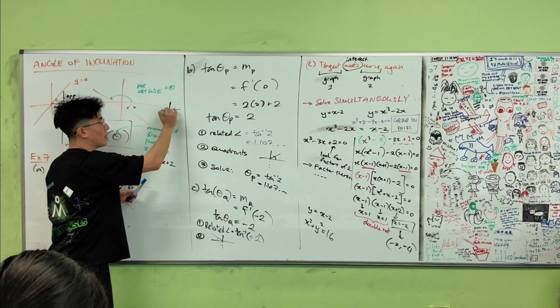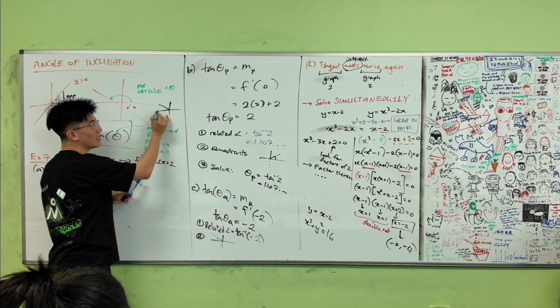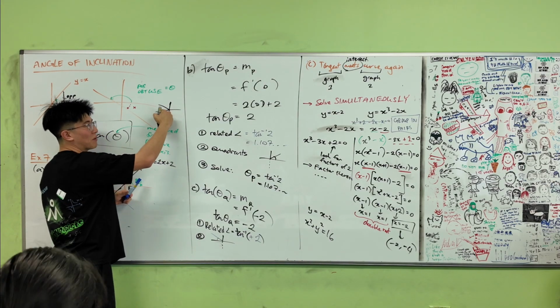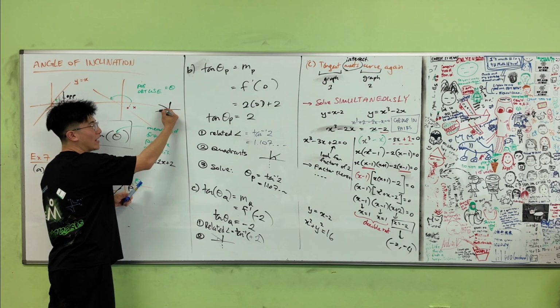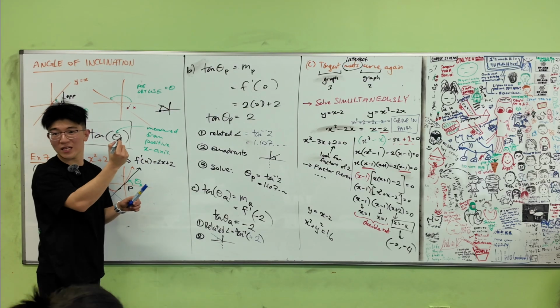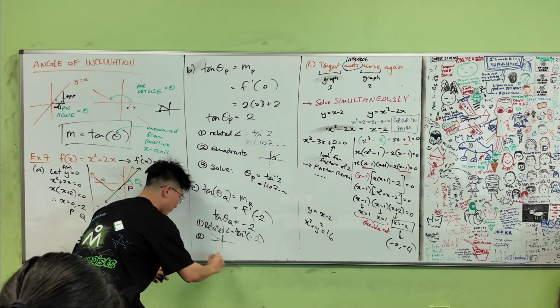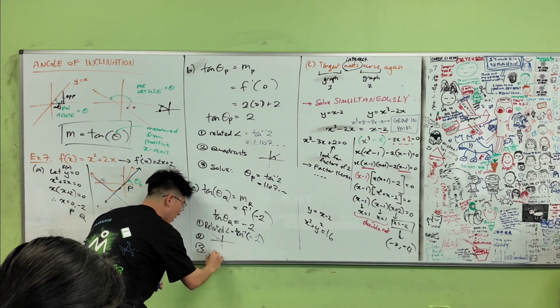All good? Do you guys see the way I've drawn that? I'll make it a bit bigger over here for those who can't see. The way I've drawn it is like this. Can you see that's clearly just 180 degrees? Am I going backwards or forwards? I'm going backwards, right? Backwards means minus. So 180 minus your acute angle. Is that okay?